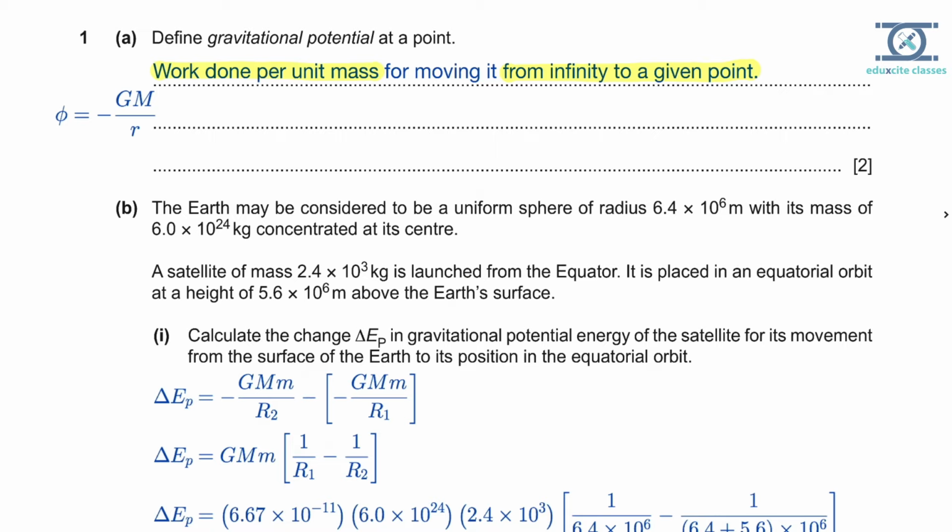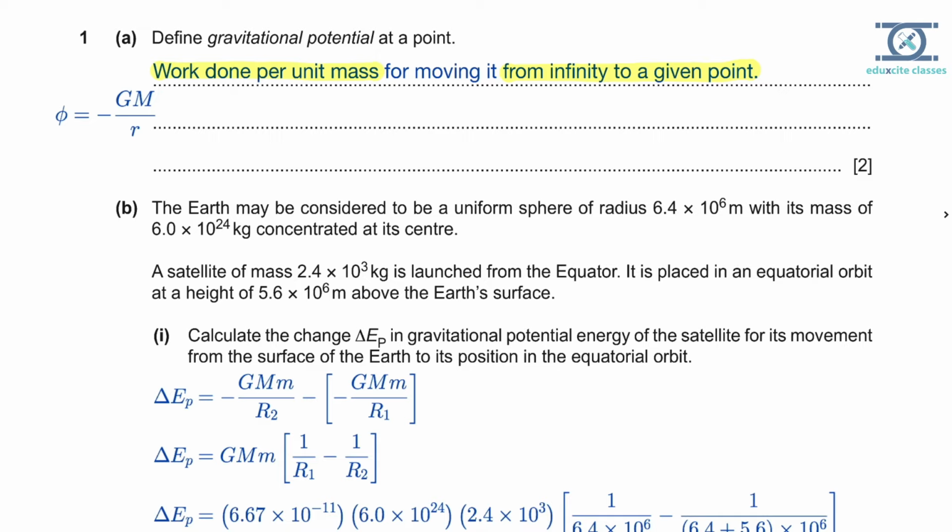So work done per unit mass is said to be gravitational potential. The minus sign denotes that, because we are taking the maximum at infinity, as we move towards the surface, the potential decreases.